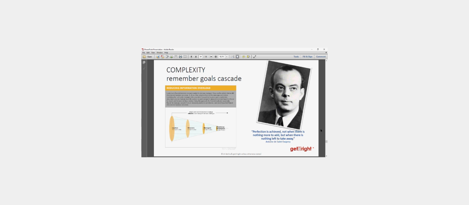So to make things simple, and I quite like this quote from the gentleman who wrote the book called The Little Prince: Perfection is achieved not when there's nothing to add, but when there's nothing to take away. A lesson that we really all remember.